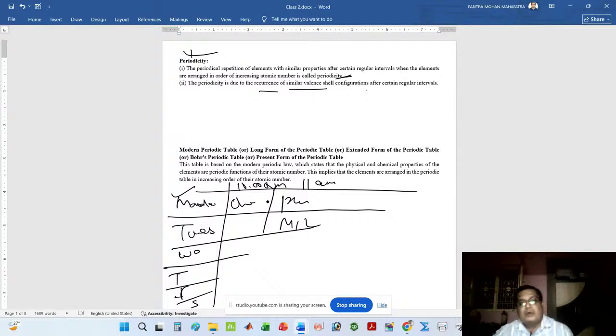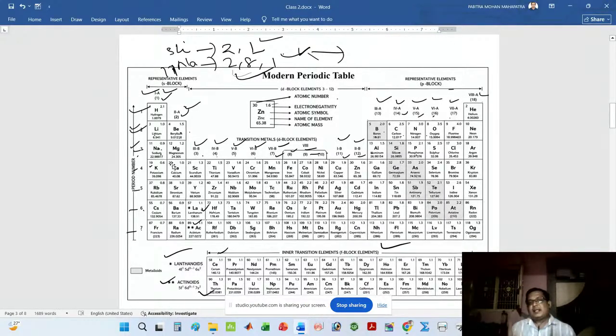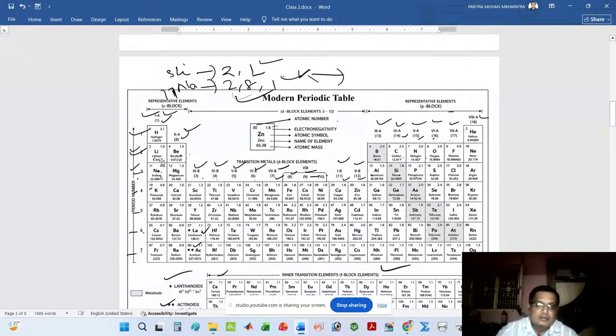Similarly, if you follow the modern periodic table, the same property, the metallic character, will repeat after covering a certain number of groups. Suppose you think about lithium. The same chemical and physical properties will again be seen in sodium.